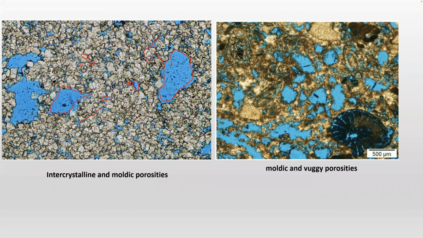So you should have a very good permeability. And you can also see some moldic porosities here, and in this part you can see vuggy porosities. They are very connected, and this sample should have a very good permeability.